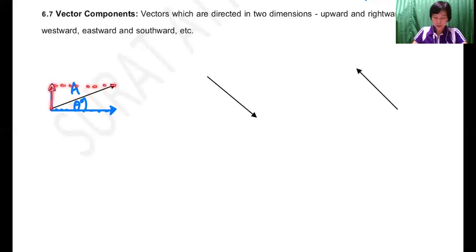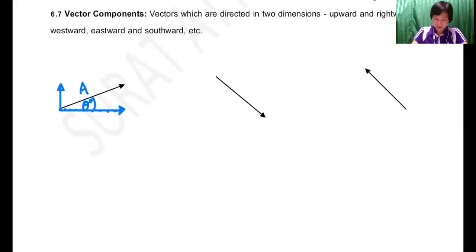Also, the right component, pointing east, must not go past this point of the original vector. I will call this vector the component of A in the x direction, and this one the component of A in the y direction.